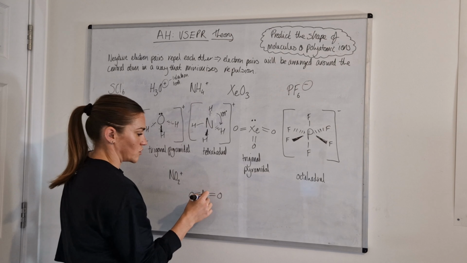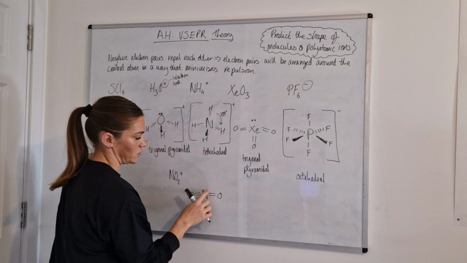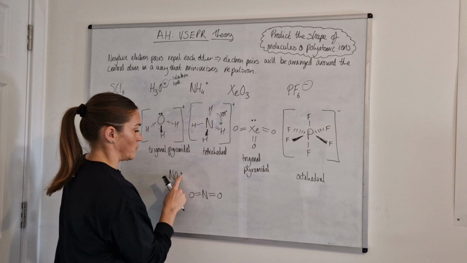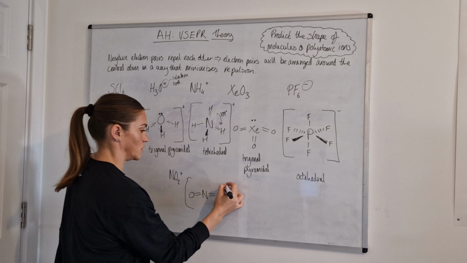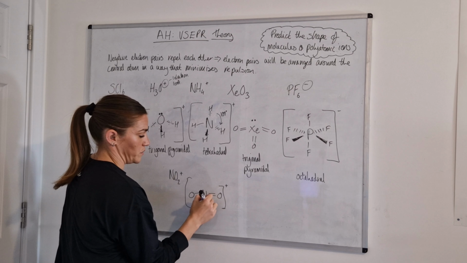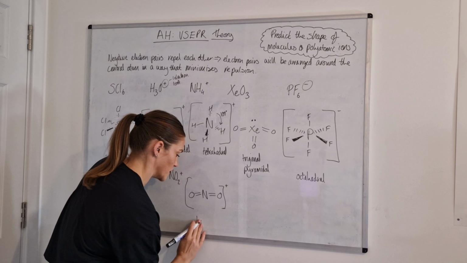The nitrogen would normally have 5 valence electrons, which it's made 1, 2, 3, 4 bonds, which means it's given 4 electrons away. But the positive charge, remember, means that 1 electron has been lost, so it technically only has 4 valence electrons. So that would be the final shape. There are no lone pairs, so that would be linear because it's in a straight line.